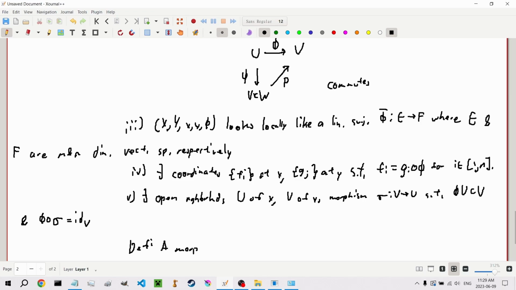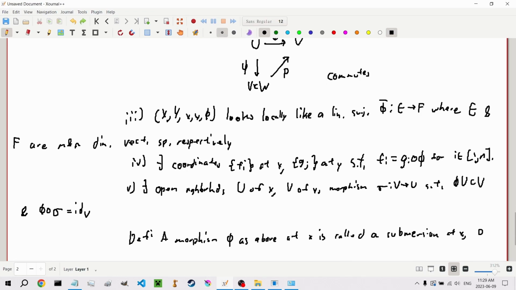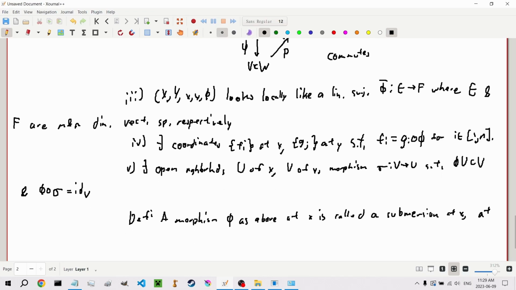A morphism phi satisfying the above conditions at x is called a submersion at x, and at all x in X is, we know, going to be called a submersion.